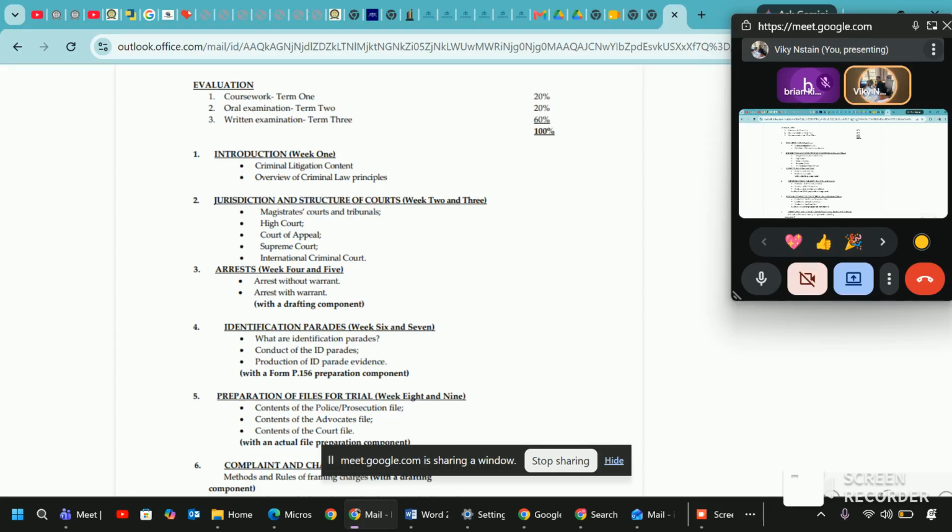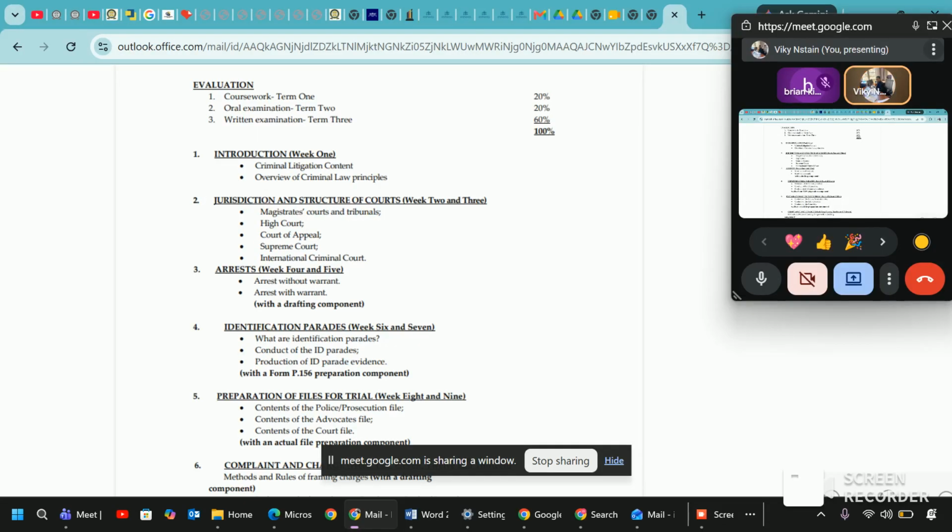B, who obstructs a police officer while in the execution of duty or who has escaped or attempts to escape from lawful custody.